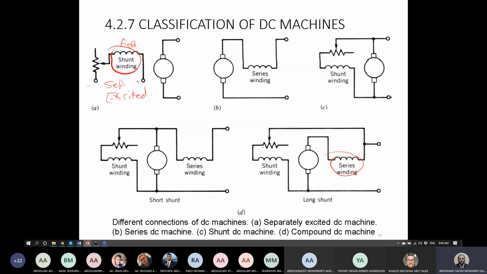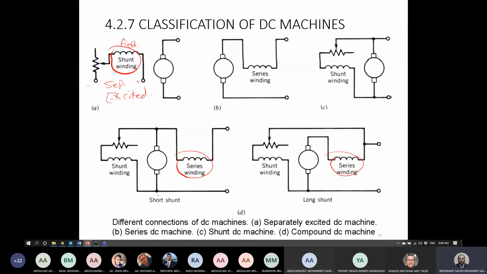Because the shunt winding or the field winding is connected across two long arms now, which is the series winding and armature winding. So we call this the long shunt connection. We have another connection of the series winding like that between supply and armature. In this case, we call the shunt winding or field winding short shunt.